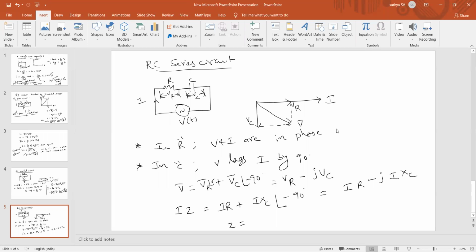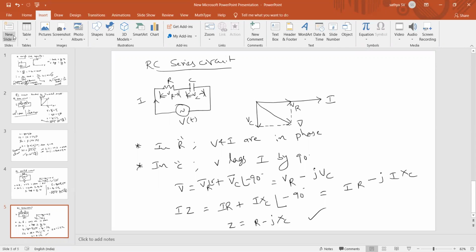By taking I as a common factor on the right hand side, we get R minus jXC, right? That is our total impedance for the RC series circuit. See, all of you are able to draw by your own. It is easy to understand how to draw the phasor diagrams.